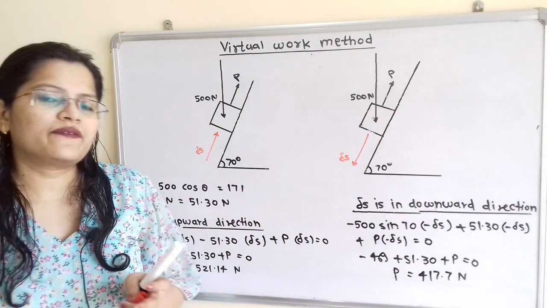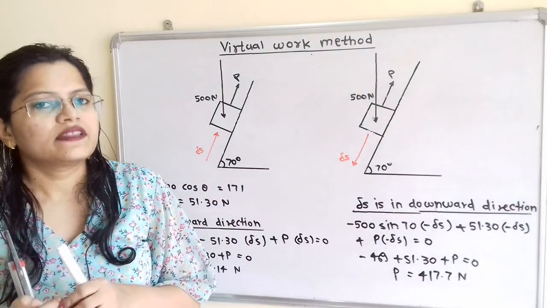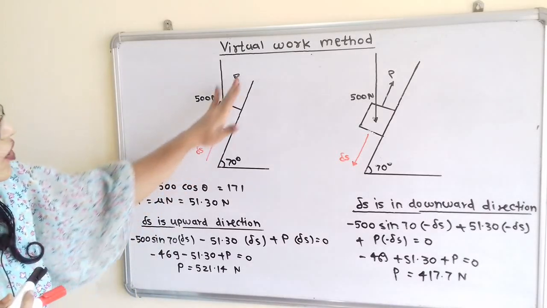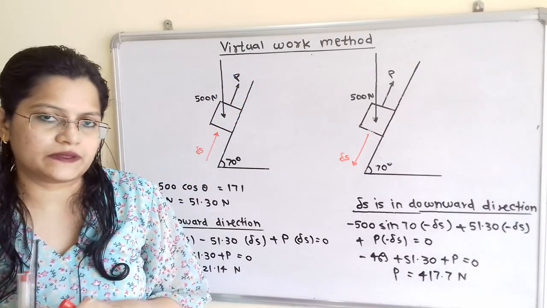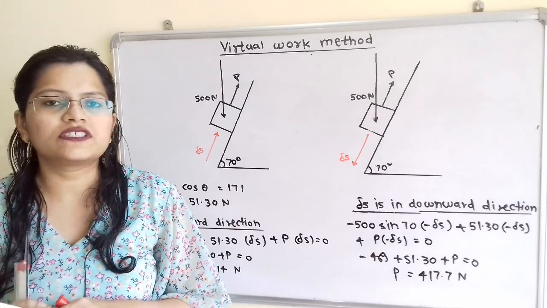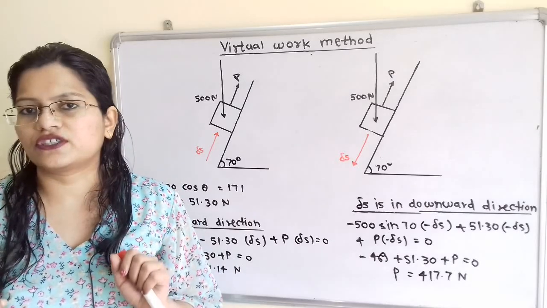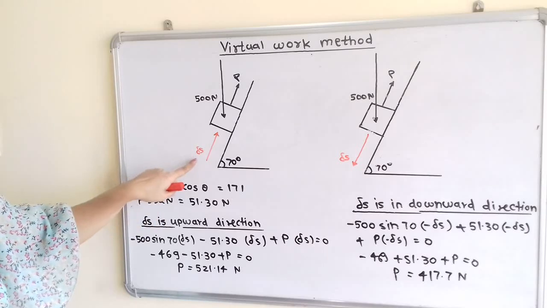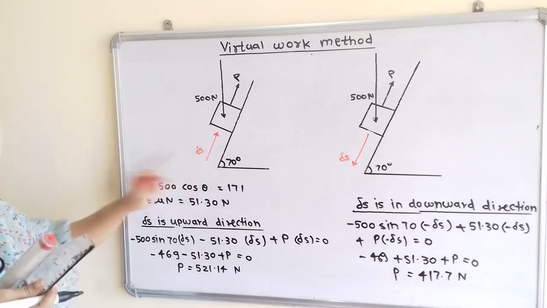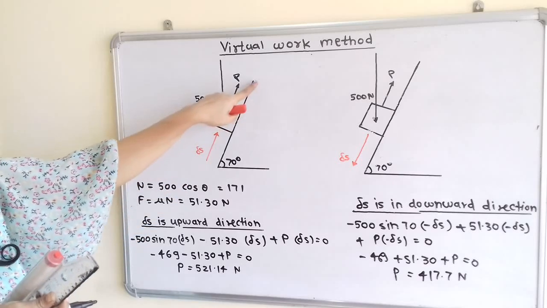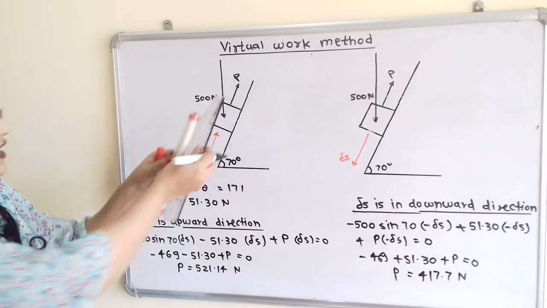Now we will draw the free body diagram. When the block slides on this inclined surface, then frictional force develops. Now this frictional force is in the opposite direction to the displacement. So in the first case we have to show the frictional force in the downward direction, and this frictional force is parallel to the inclined surface.